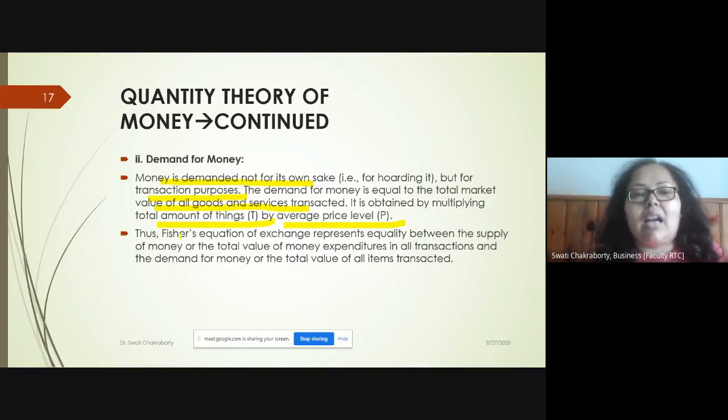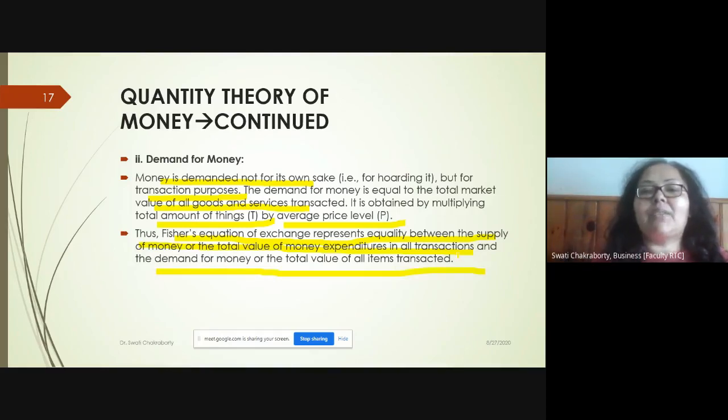So as per Fisher's equation of exchange, there is an equality between the supply of money, or the total value of money expenditures in all transactions, and the demand for money, or the total value of all items transacted. So demand is equal to supply.